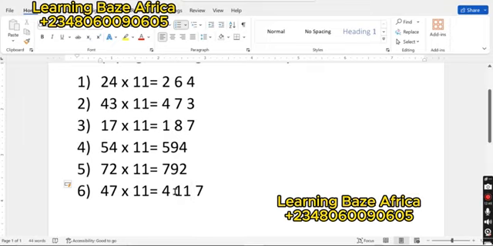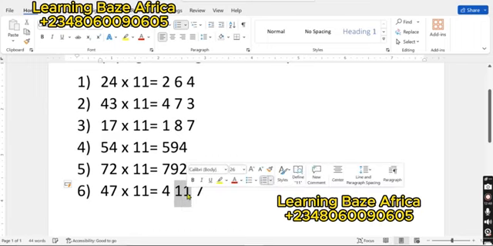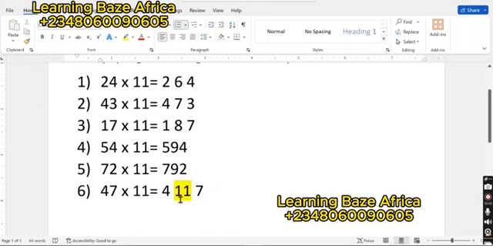Normally we are supposed to write down the answer at the middle. But now this answer has 2 digits, so we are not going to leave the answer like this. You're going to carry 1 over to the next digit on your left.